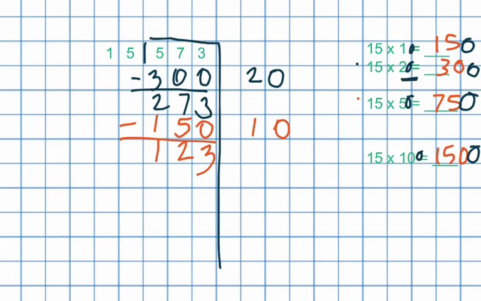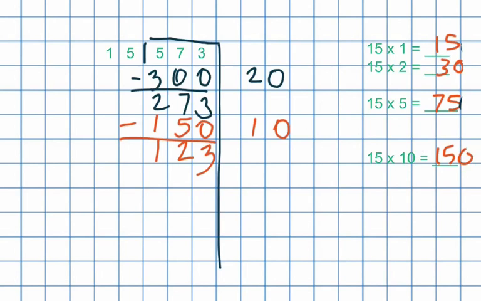Let's see the next size chunk I can take out. 15 times 10 is 150. Ooh, that's bigger than 123. So I'm going to take off the extra zeros I had, because I realize my numbers now are too large to have these extra zeros on the end.